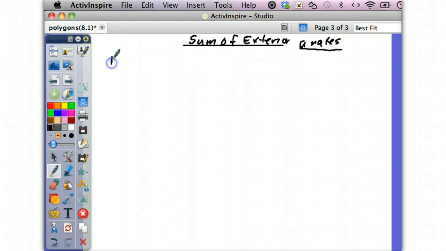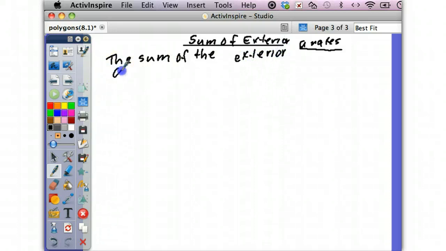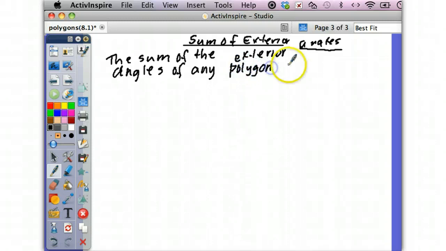So the sum of the exterior angles of any polygon, doesn't have to be regular, I'm going to emphasize this, always equals 360 degrees.